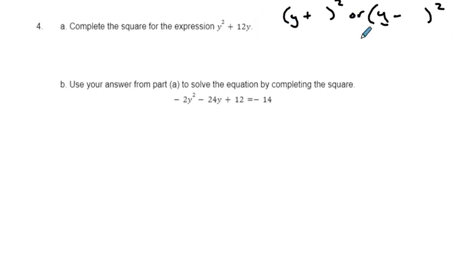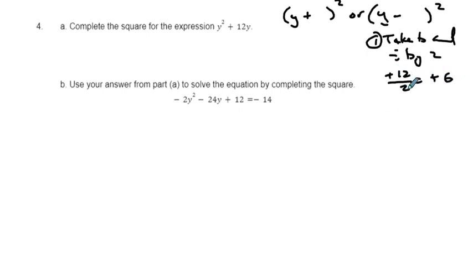The way we find that term, if you remember, our first step is you take b and divide by 2. Well, my b is positive 12. We divide by 2, and that gives me positive 6.